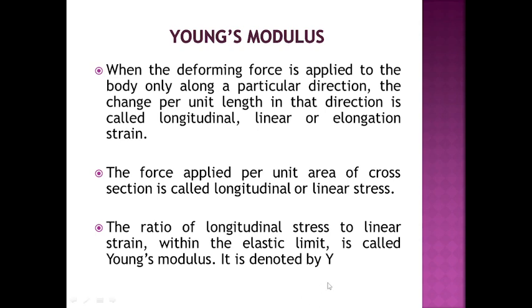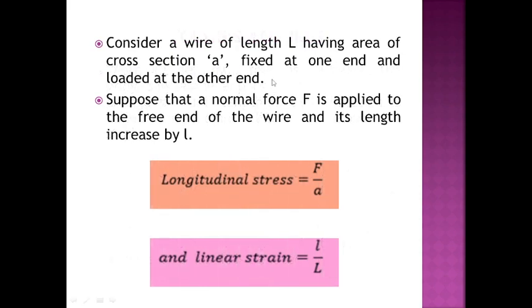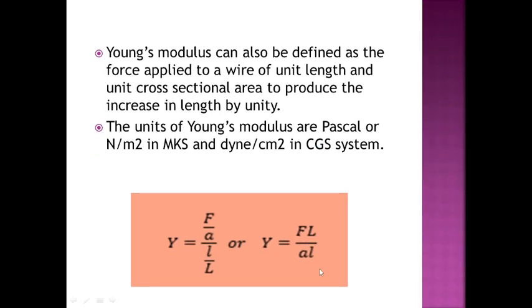We denote Young's modulus by capital Y. If we consider a length of wire having cross section A, then longitudinal stress is given by F by A and linear strain is given by small l by capital L. So then Young's modulus, we can define it as longitudinal stress to linear strain, F by A divided by l by capital L. So Y, Young's modulus, is equal to F into L divided by A into l.